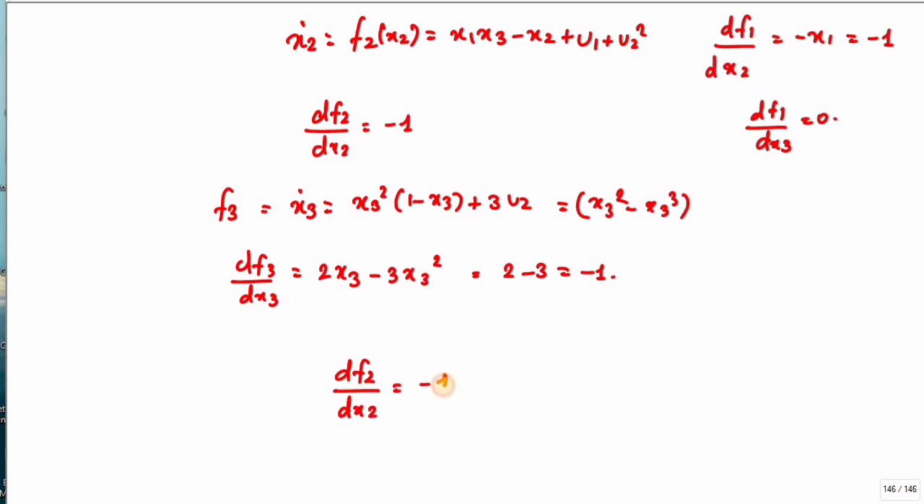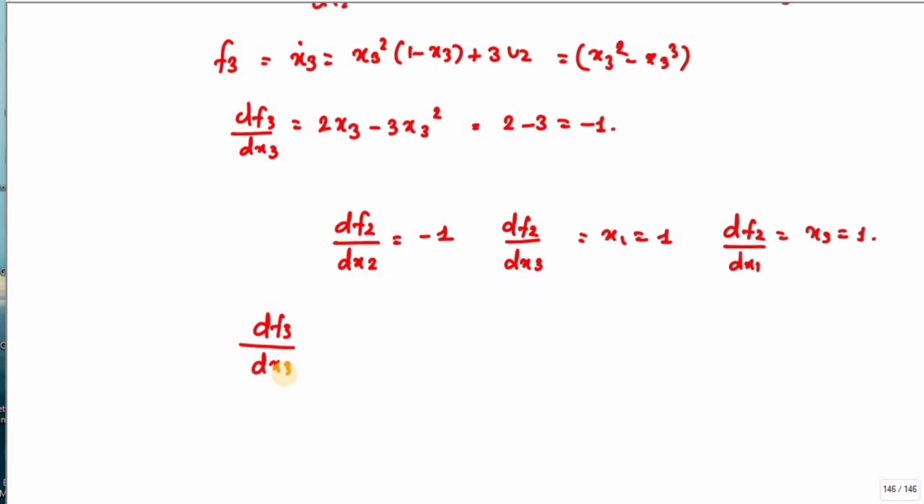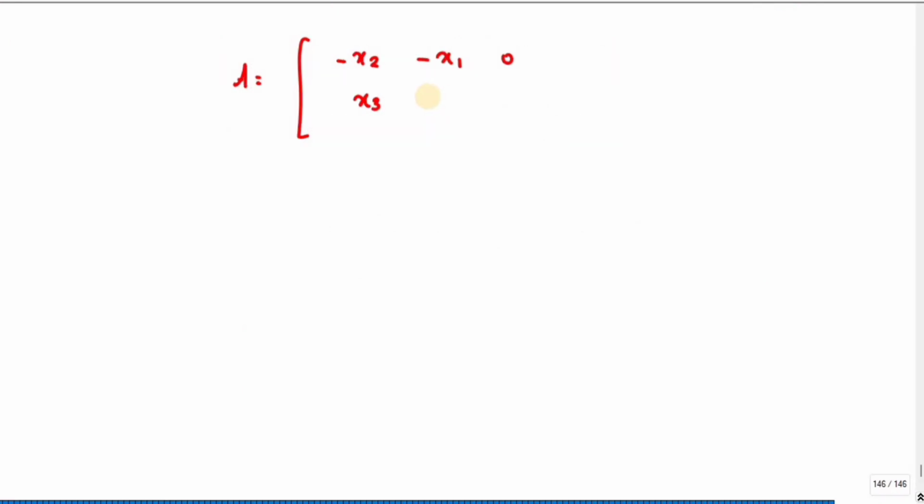In a similar way, I have to do it for f2. I have to differentiate with respect to x1 and x3, and similarly f3 with respect to x1 and x2 also, and I get these answers.